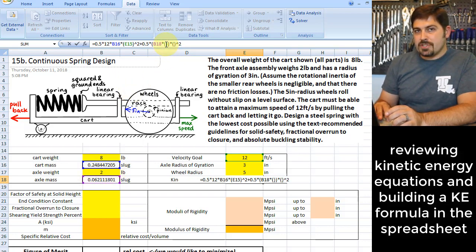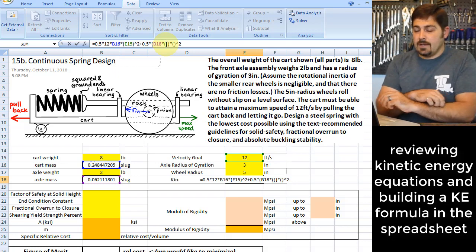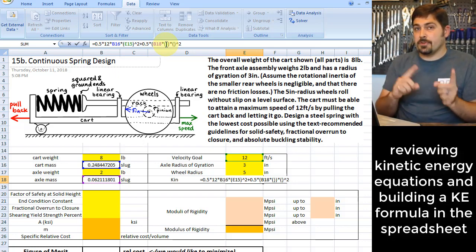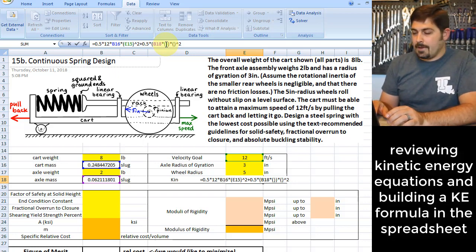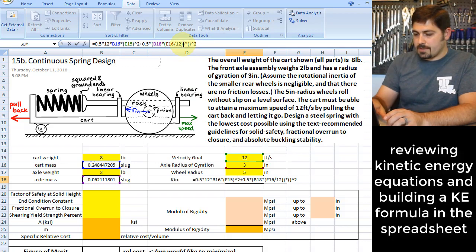Since we're doing energy here, and it involves a conversion that involves slug feet per second in order to get a pounds force, I'm going to keep everything in feet for right now, and then I'll do another conversion to get it back to inches. So to get this into feet, I'll take the number of inches for that radius of gyration and divide it by 12. And remember that calculation involved us squaring that value.